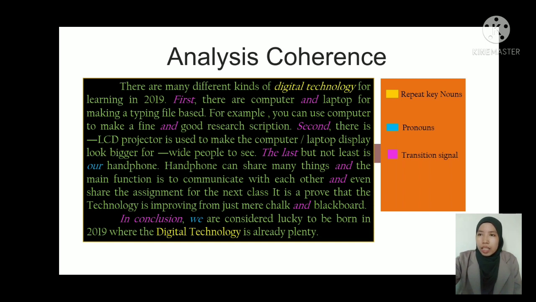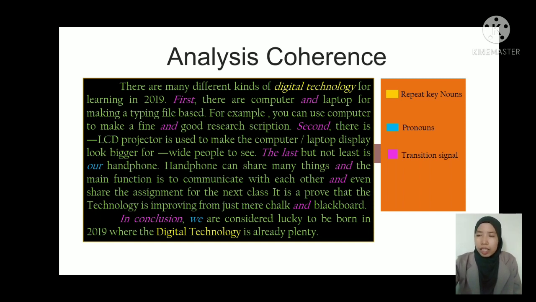Before we analyze coherence, we have an explanation: there are three ways, which are to repeat key nouns, use pronouns, and use transition signals.